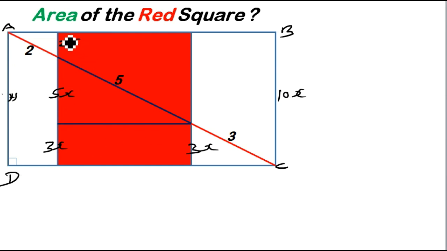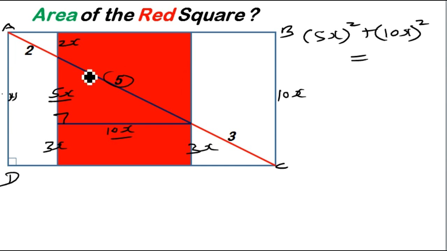So if this red region is a square and the height is 10x, then the width or the length is also 10x. Take this triangular region in the middle here: this is a right angle triangle with the two shorter sides and the hypotenuse 5. Using Pythagoras theorem, 5x squared plus 10x squared equals the hypotenuse, which is 5 squared.